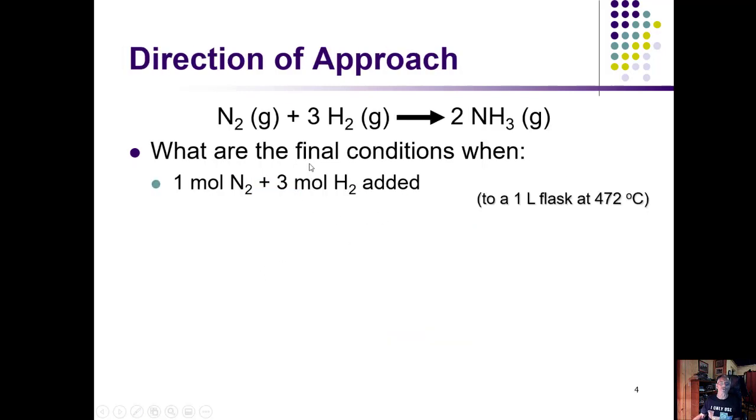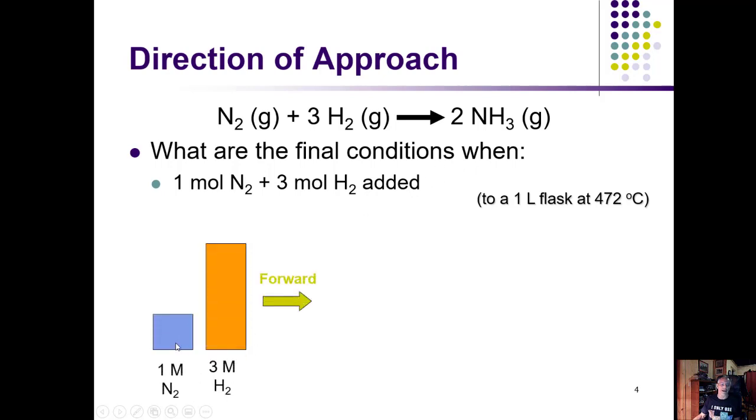So we can describe the final concentrations at equilibrium in this way. So let's say I start with 1 molar of nitrogen and 3 molar of hydrogen, and this is the Haber-Bosch process. You've seen it before, and it's just a 3-to-1 ratio for hydrogen to nitrogen.